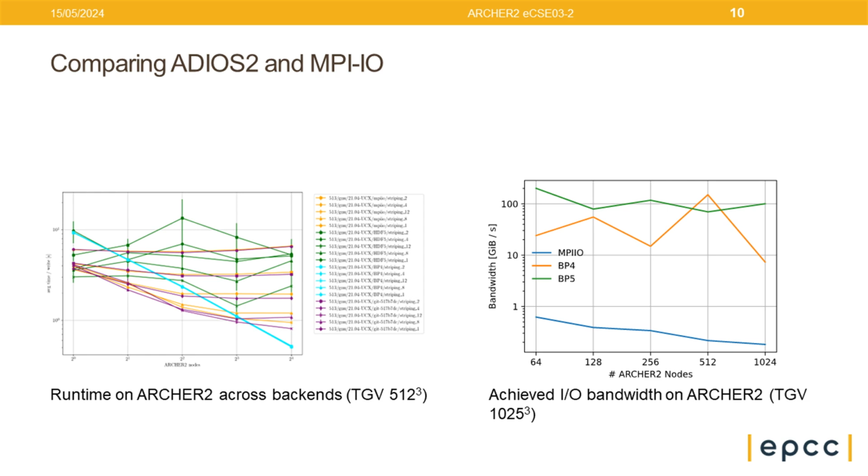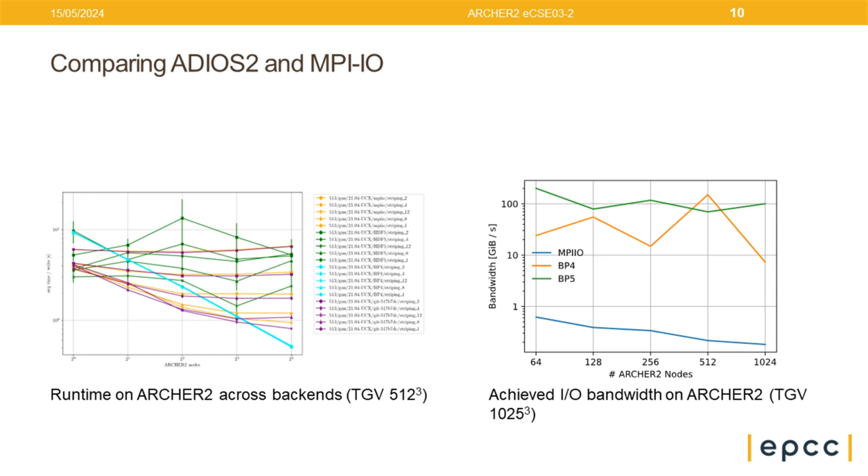The other thing you can see is as we increase the number of stripes, so that's the lines traveling down the way, the performance increases, and this is what you'd expect because the stripes is basically how many parallel consumers you have in the hard drives. And then finally, this pale blue line is ADIOS2, and basically it scales very well.